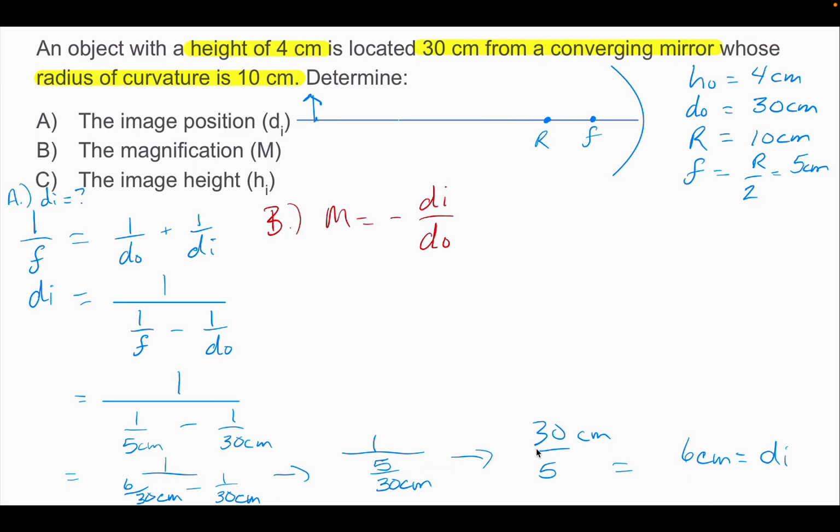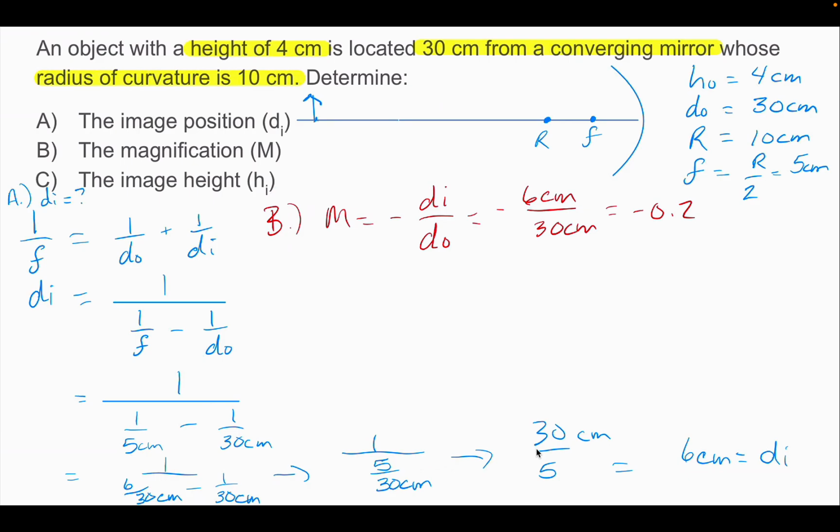So I'm going to input my values as negative 6 centimeters over 30 centimeters. What is 6 divided by 30? That's going to give us a negative 0.2.